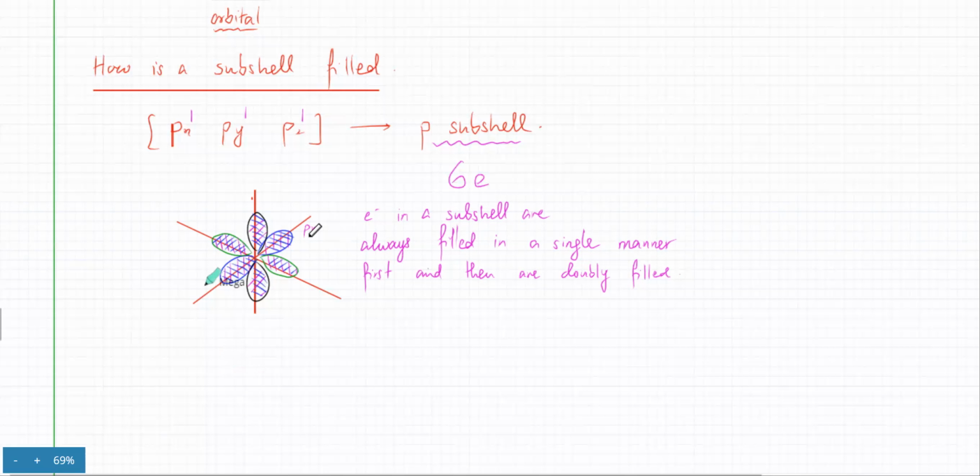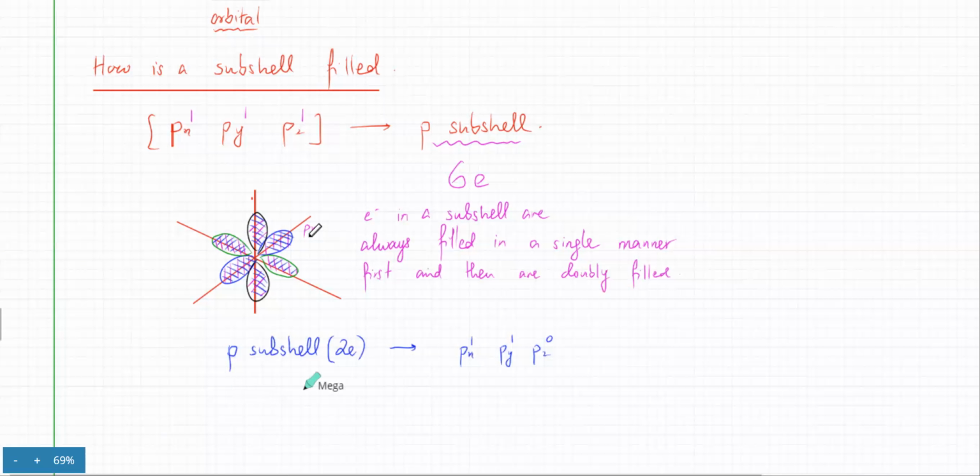So if somebody is asking you to describe what the p subshell would look like with two electrons, you're going to show them that the p subshell has three orbitals. The first electron would occupy the px, the second electron would occupy the py, and the pz would be completely empty.